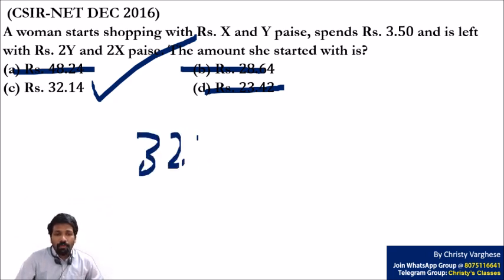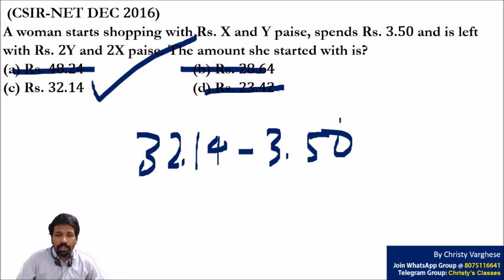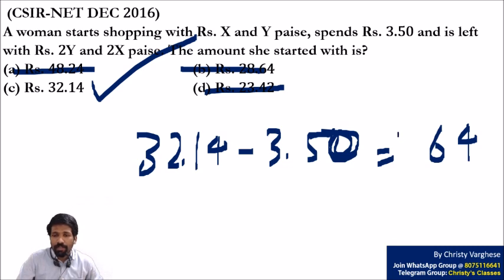Again, if you want to verify, you can verify 32 rupees 14 paise minus 3 rupees 50 paise. 114 minus 50 paise, taking the borrow, will be 64 paise, and 32 minus 3 after taking the borrow is 28 rupees 64.